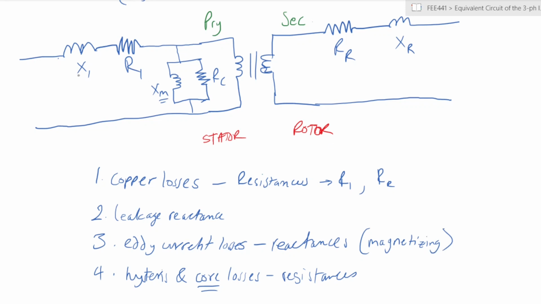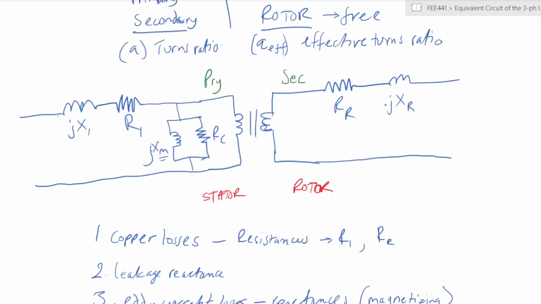And also bear in mind, anything that is represented as a reactance is always perpendicular or orthogonal to the resistance, right? Those are complex quantities. Those are imaginary quantities, okay? So what we've now ended up with is a pretty good representation of the three-phase induction motor circuit.